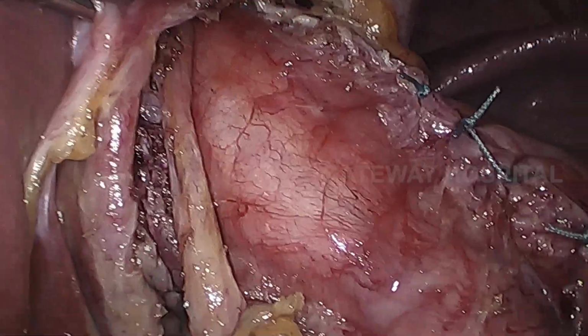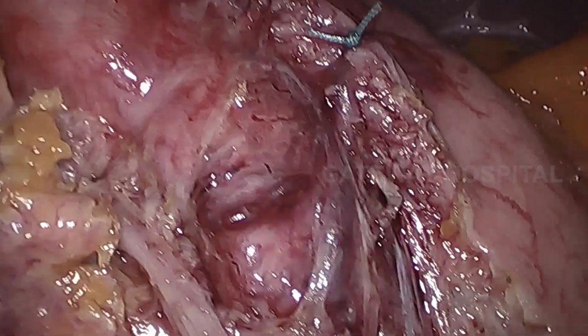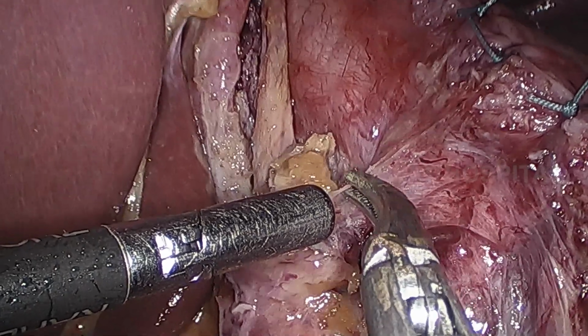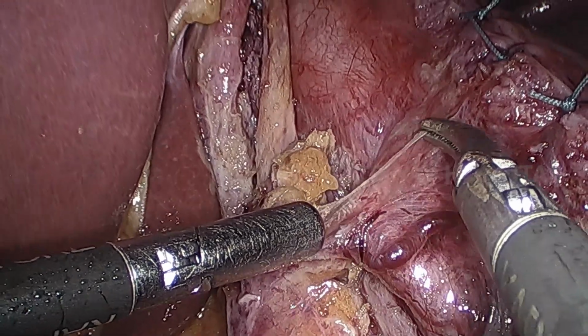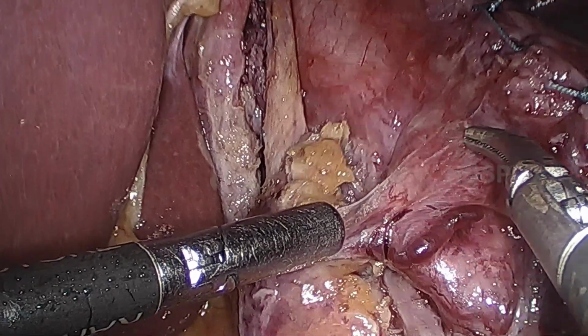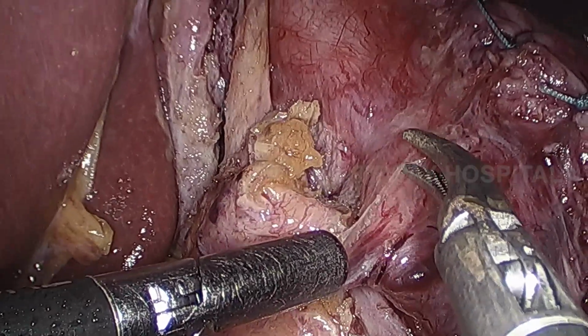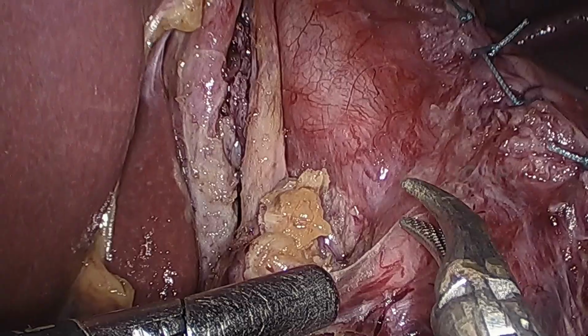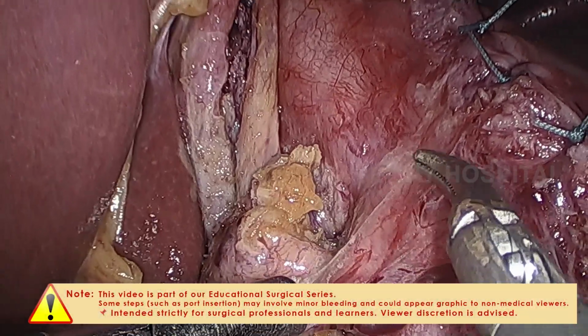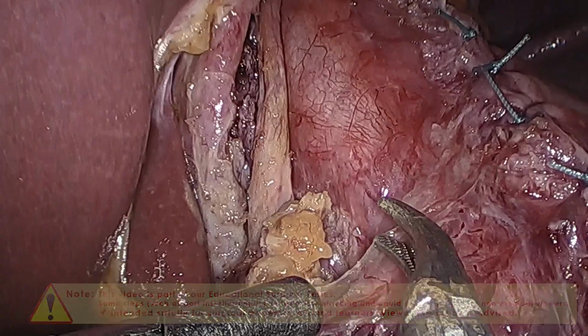And another close-up view to check whether any residual fiber is there or not. With the close-up view, if you feel that there are a few fibers running across the myotomy, you can use a Maryland dissector to identify and peel all the small fibers which are running across the myotomy site.